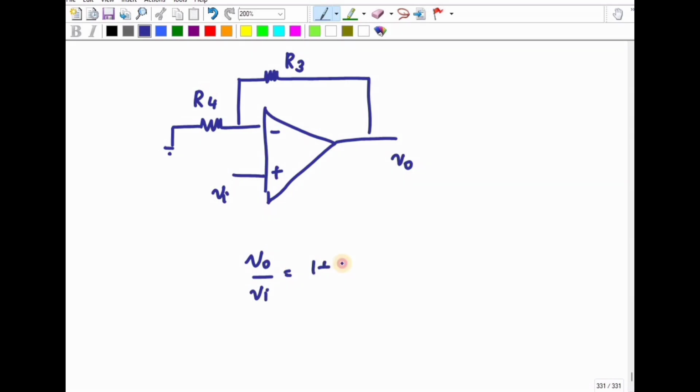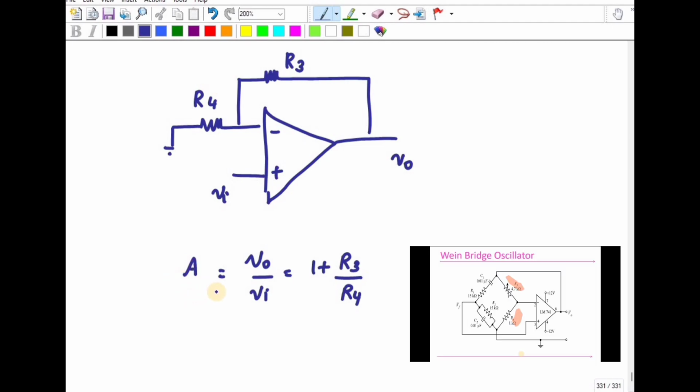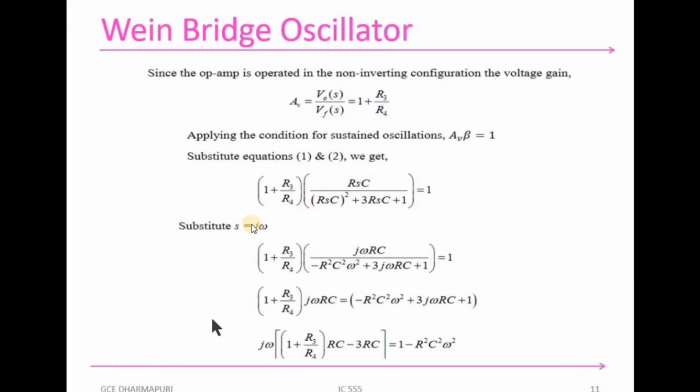What is V naught by VA? V naught by VA is equal to 1 plus R3 by R4. This is nothing but your A value. So here I can write A is equal to 1 plus R3 by R4.